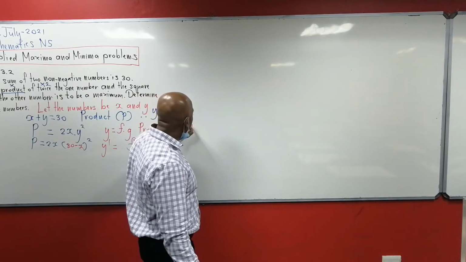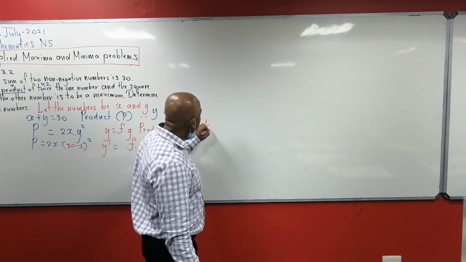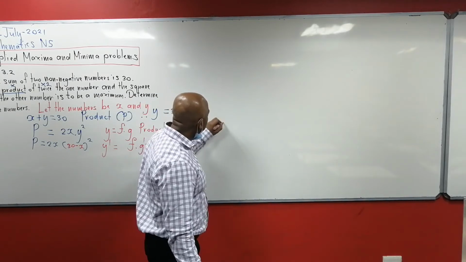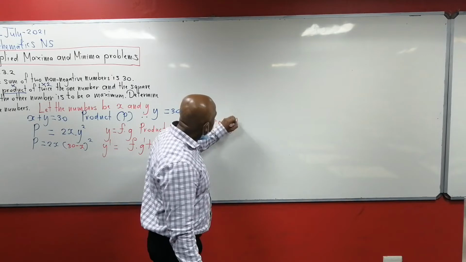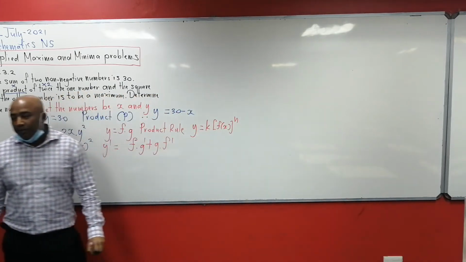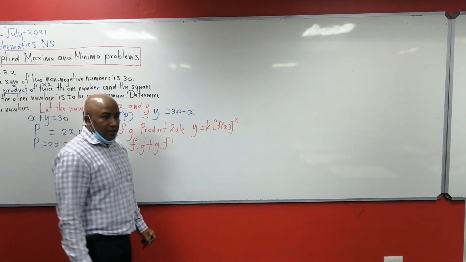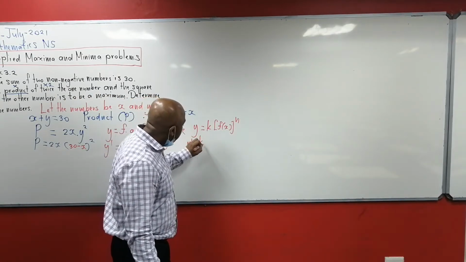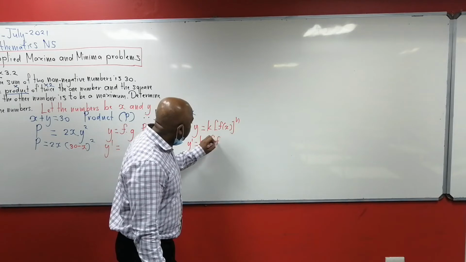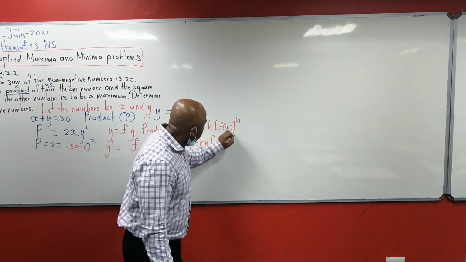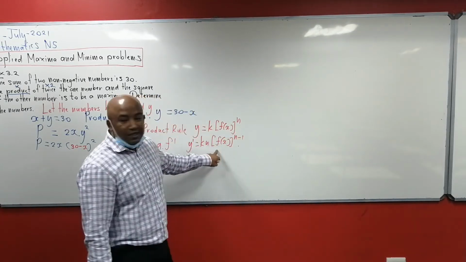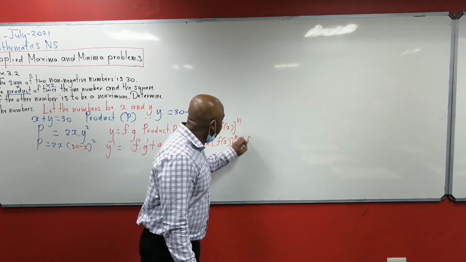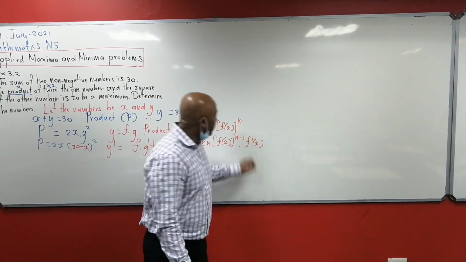What else? If I got y is equal to k times f of x to the power n. If we have a power, remember we use the chain rule. So if I differentiate this, y prime, that's going to be k times n f of x to the power n minus 1 times the derivative of f of x there, which is f prime x.